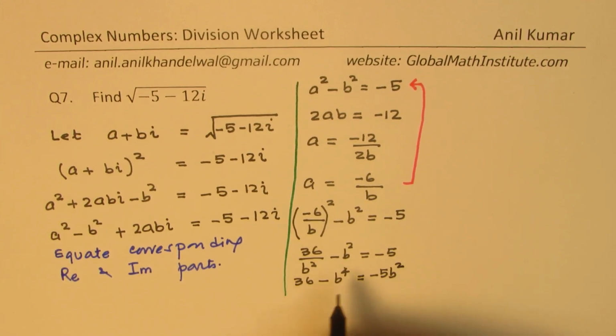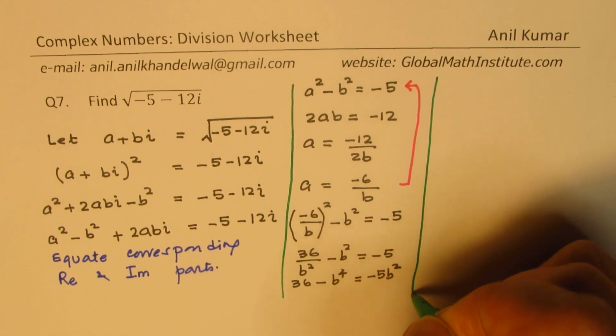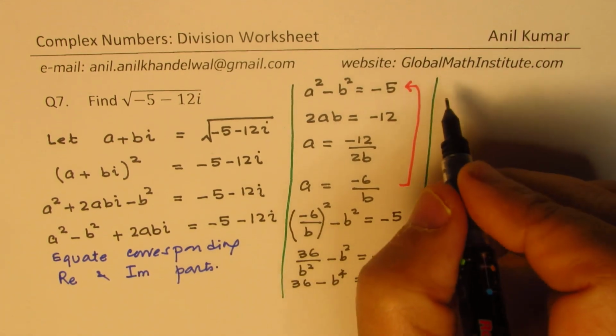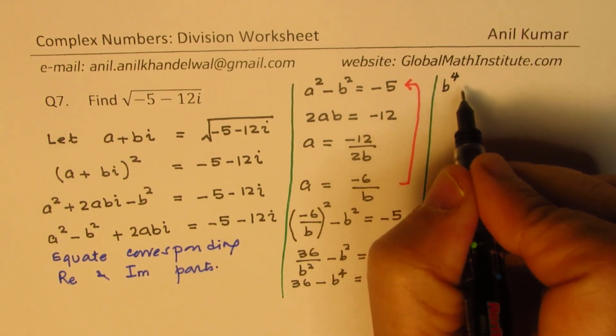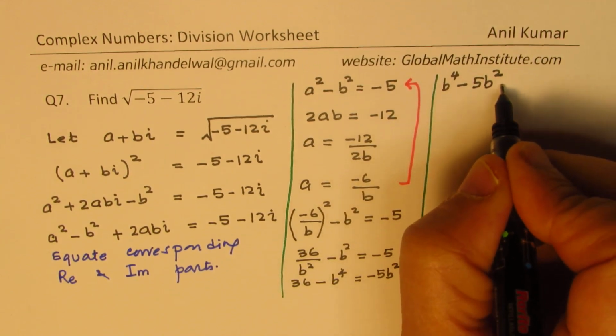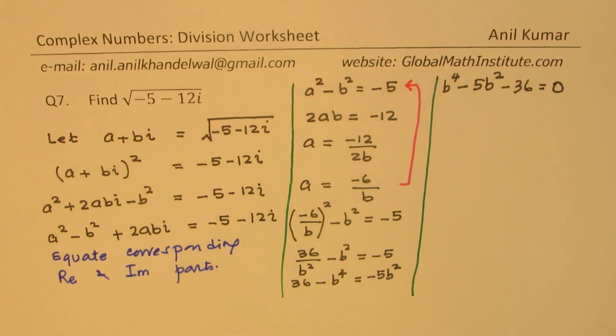Correct? So that becomes a quadratic equation which we can solve by factoring. Let's bring all the terms together to the right hand side. So we get b to the power of 4 minus 5b squared minus 36 equals 0.